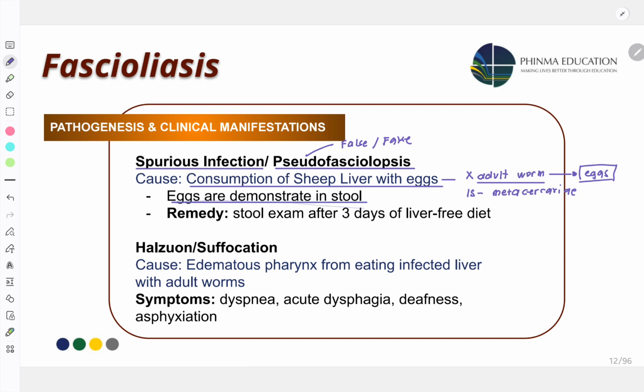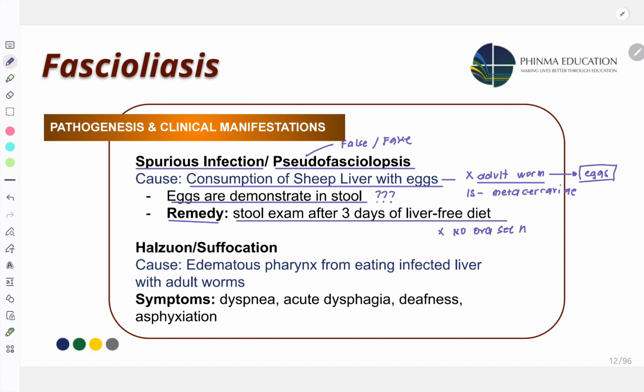Na diba eggs are demonstrated in stool. So kani siya possible na ma-diagnose ka with fasciola even if wala jud kay fascioliasis, no? Mao nang gitawag siyang pseudofasciolopsis or spurious infection. So how do you remedy this? You reconduct a stool exam after 3 days of a liver-free diet. So 3 days na wala ka ni kaon og sheep liver. So unsa ang gina-expect na result after 3 days? Of course, wala na ova, no?